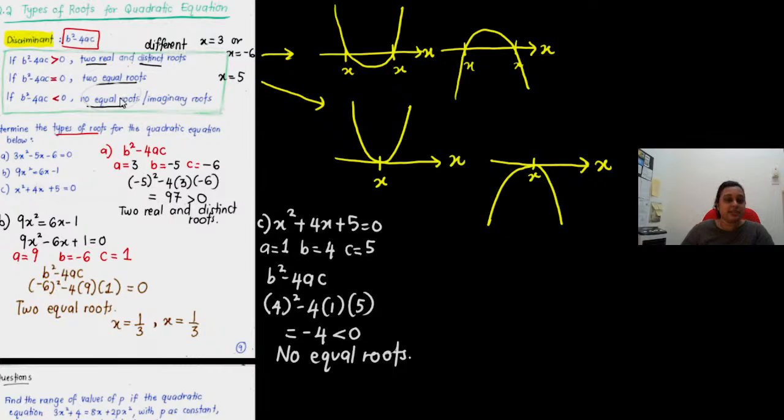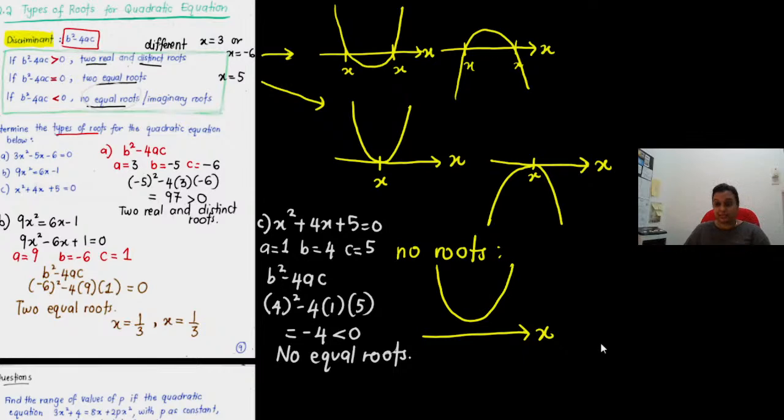And for the no roots, this one is for the no roots. For no roots, it will never touch. Your graph will just be hanging, floating like that. It will never touch the axis. So make sure you know the shape.